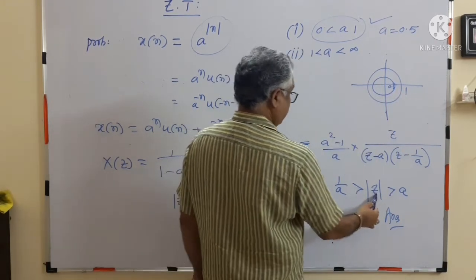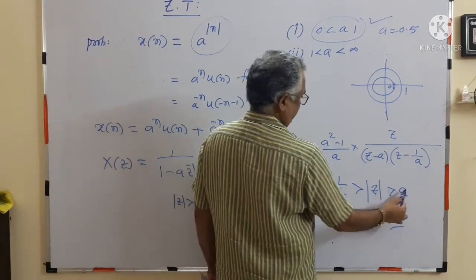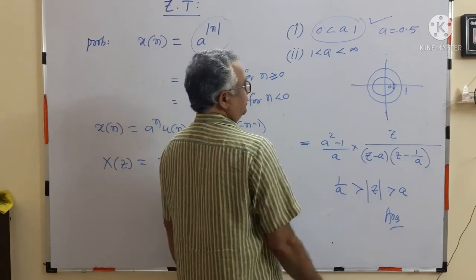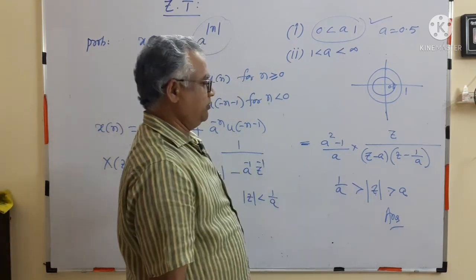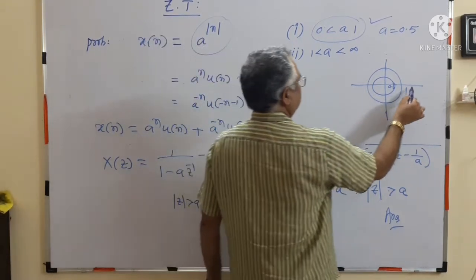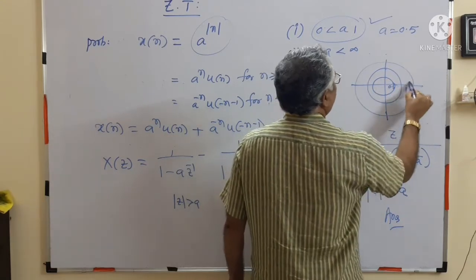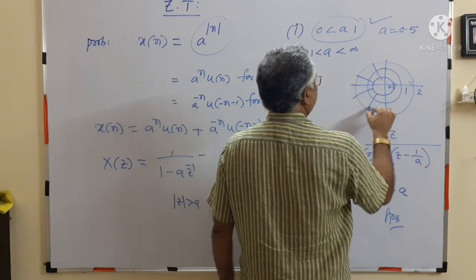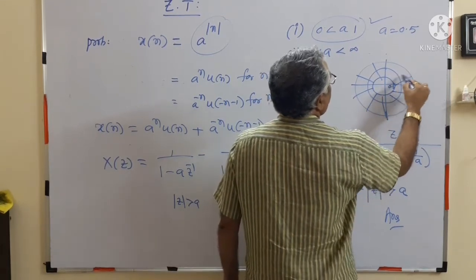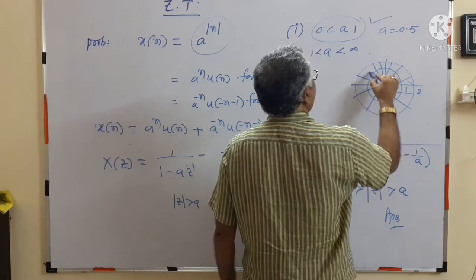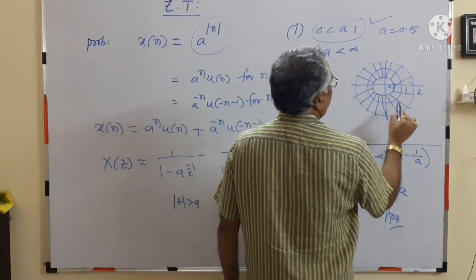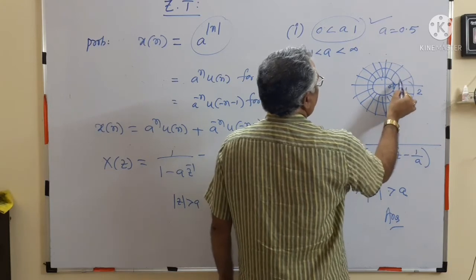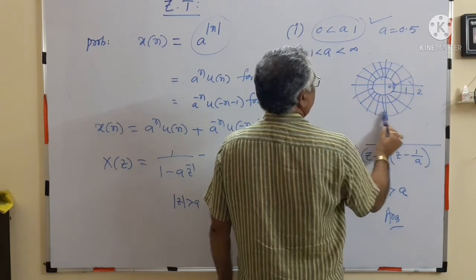So mod z greater than 0.5, less than 1 by 0.5, which is 2. So draw another circle at 2. So greater than 0.5, less than 2, this ring is the ROC.